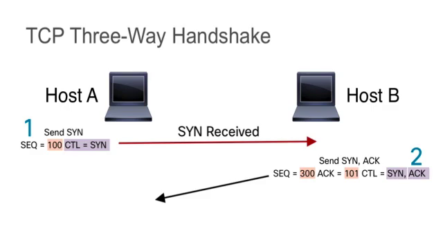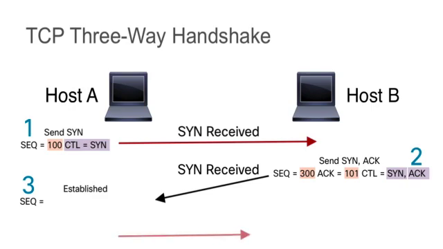So host A receives the SYN ACK from host B. It's acknowledged that it's received the first 100 bytes and it's ready for byte 101 on, and it is sequencing 301. So host A now is going to reply back with a control ACK, and that's the final ACK in the three-way handshake.